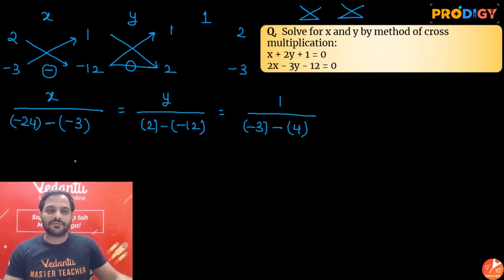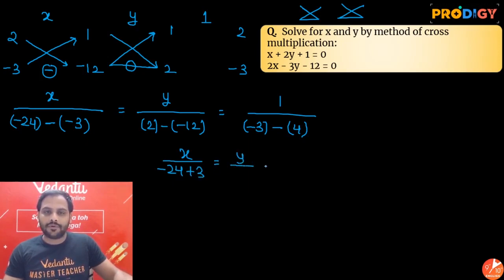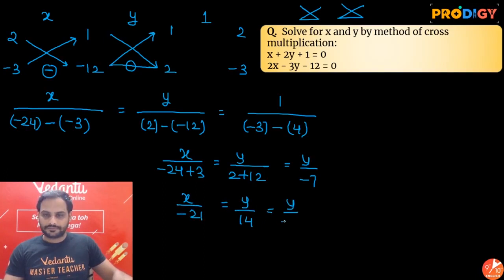So what we have got is x upon minus 24 plus 3, y upon 2 plus 12, and 1 upon minus 7. So minus 24 plus 3 is minus 21. x upon minus 21 is equal to y upon 14 is equal to 1 upon minus 7.